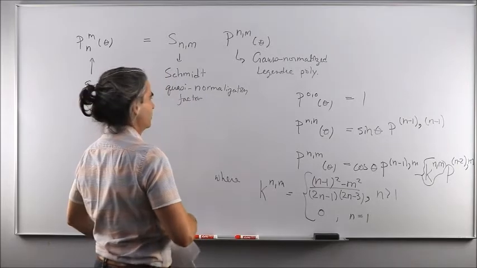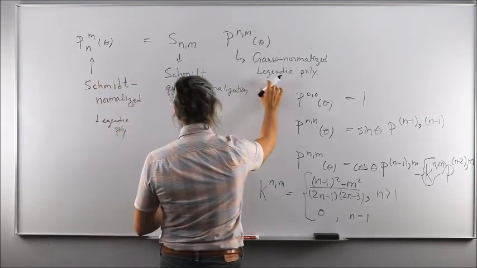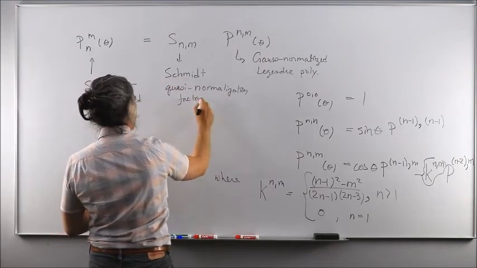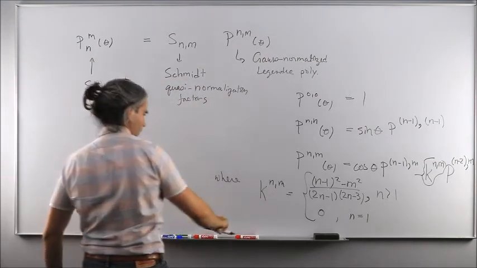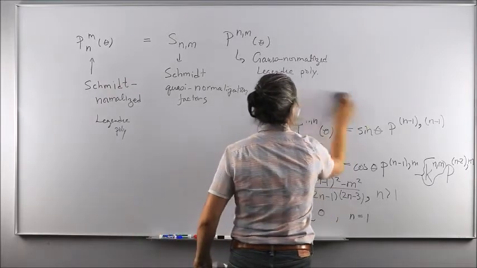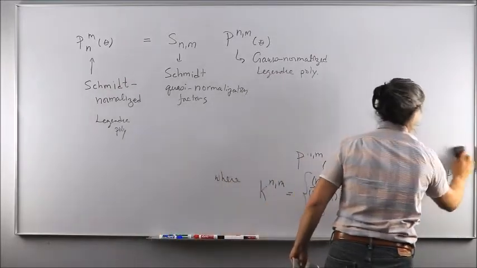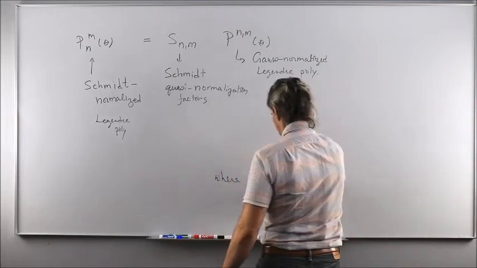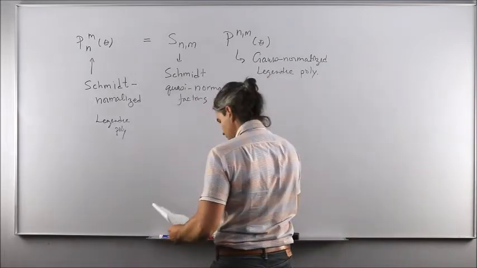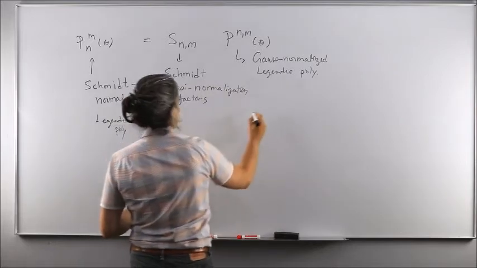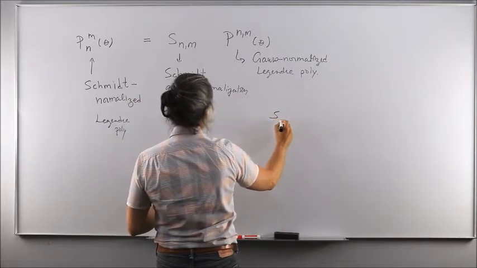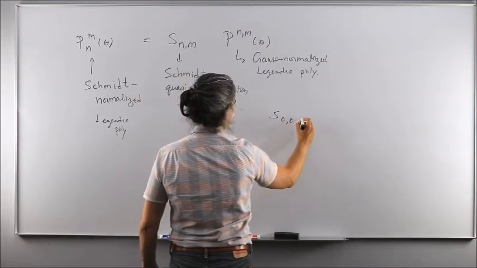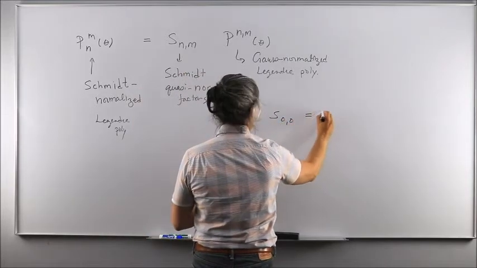Now that's good. We kind of know how to calculate this, but what about the quasi-normalization factors? Well, I'm going to give you the answer to that term as well. Whenever you're talking about order and degree equal to 0, this normalization factor will be exactly equal to 1.